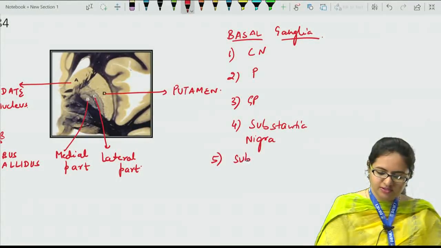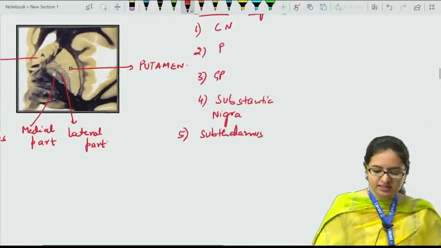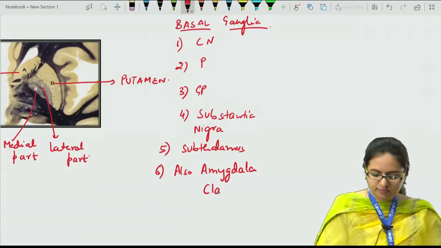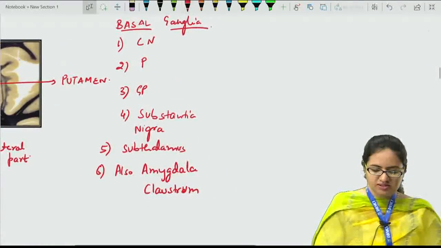It also includes the amygdala and the claustrum. Now all these collections of nuclei form the basal ganglia.